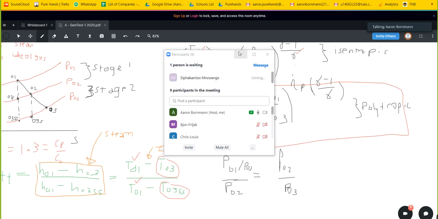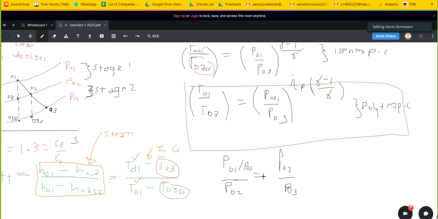So we divide by P03 on both sides, but it still remains the same, so it doesn't change the value. Then you take the bottom part and multiply it out.